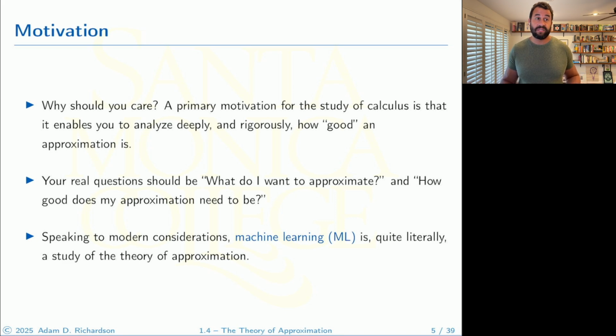Do I need accuracy up to 29 digits or 100 digits? These are relevant questions, and these are what you're going to talk about in computer science in particular. Speaking to modern considerations, in the year 2025, machine learning is literally the study of the theory of approximation.